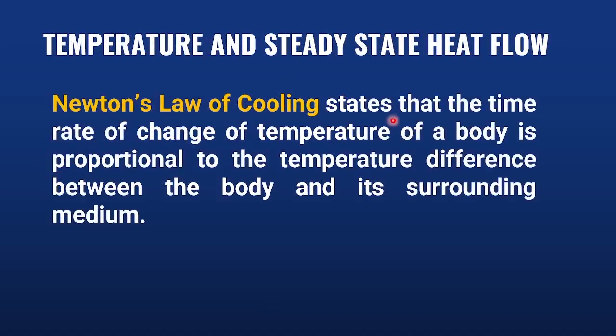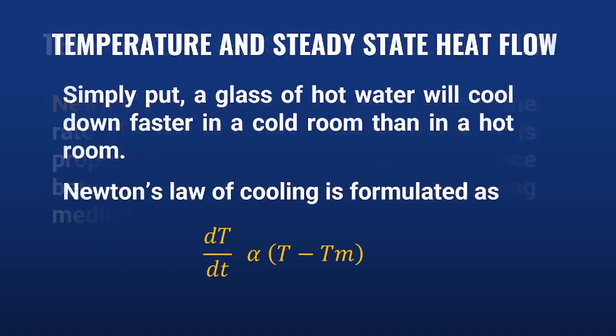Newton's law of cooling states that the time rate of change of temperature of a body is proportional to the temperature difference between the body and its surrounding medium. Now, how can we further gain an insight or in-depth knowledge of this concept?